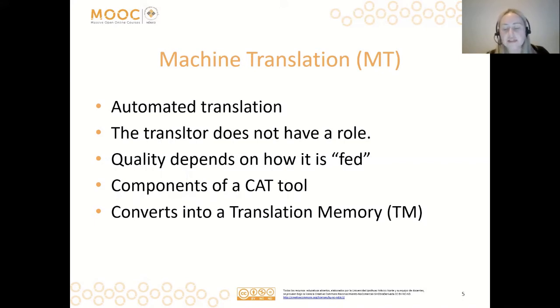So the quality of a machine translation can be determined by what the machine translation is fed. Again, we're talking about the food of the CAT tool, the food of the machine translation. So before solving the problems of machine translation, I suppose it's important to know what it contains and what the translator needs to make sure of when using this type of tool.